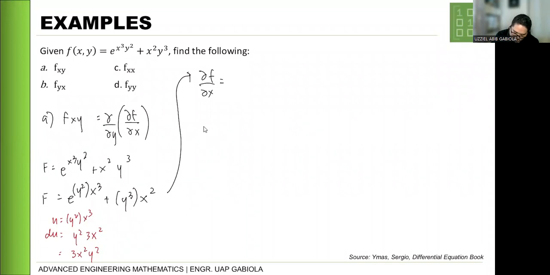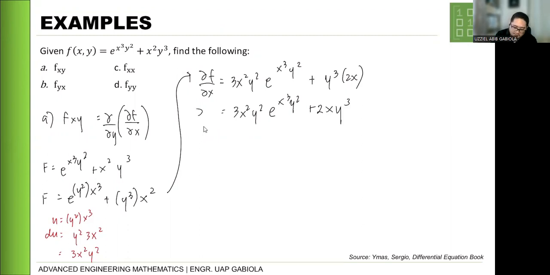That is 3x squared y squared e^(x cubed y squared), okay, plus this is y cubed times 2x. Okay, so that is 3x squared y squared e^(x cubed y squared) plus 2xy cubed. Okay, so ito yung first partial derivative natin with respect to x.